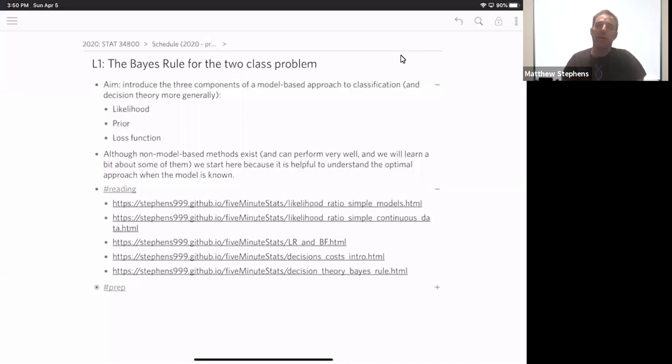That's the intuition. The second component of the problem is how much do you care about different kinds of mistakes you might make? So that's the loss function part of the problem. So for example, there are two types of mistakes you might make in this problem. You might put spam in the inbox, or you might put ham in the spam box. So those are both mistakes you might make. And some people might care more about one of those mistakes than others.